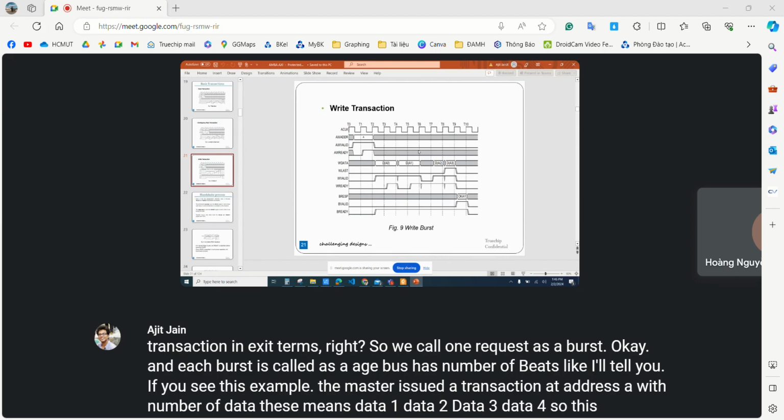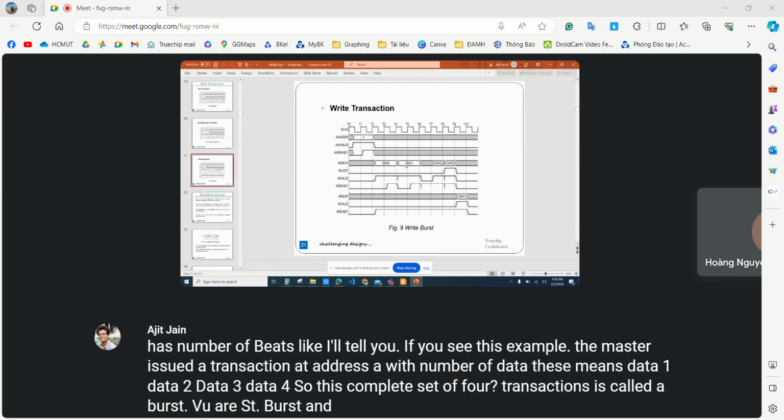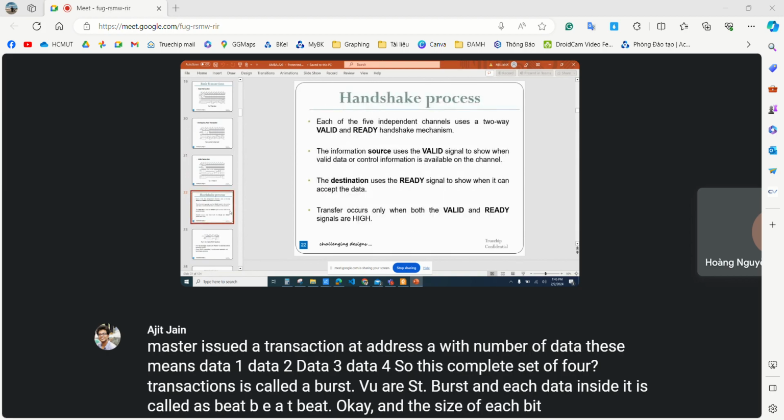This complete set of 4 transfers is called a burst, and each data inside it is called a beat.